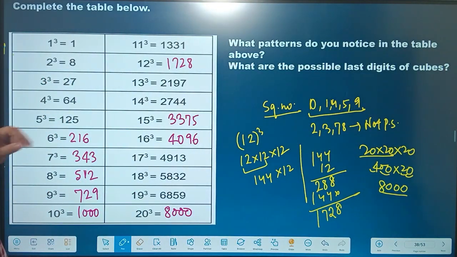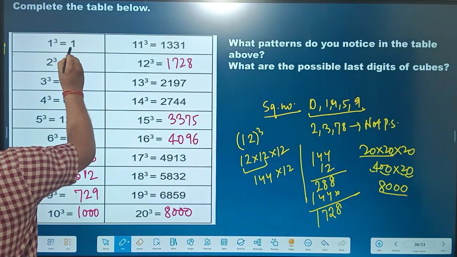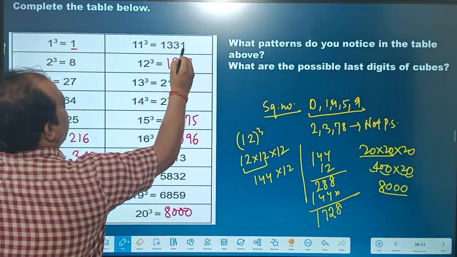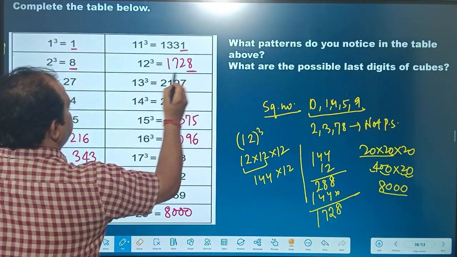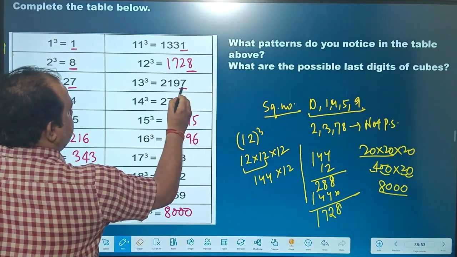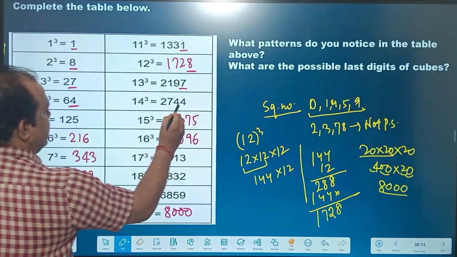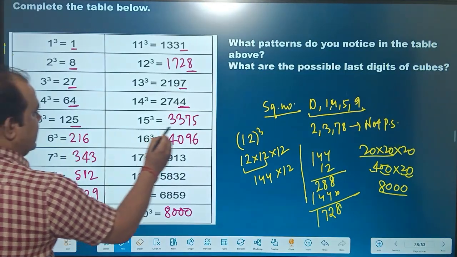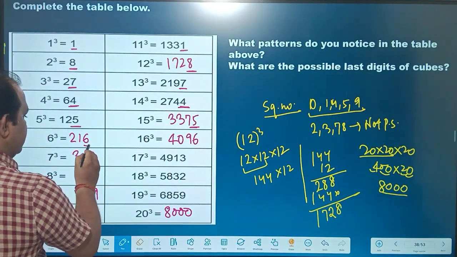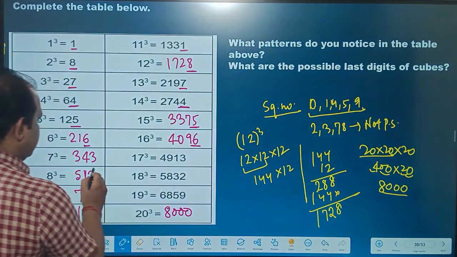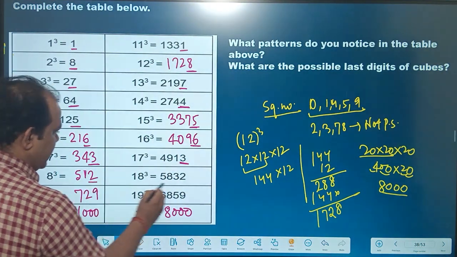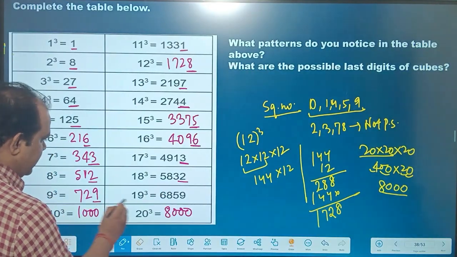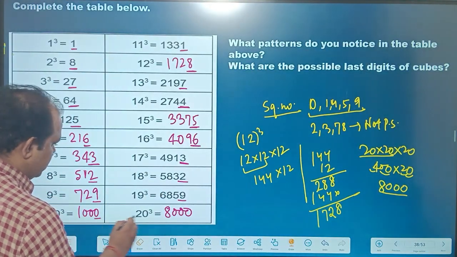Okay. Now in this table, let's see. If you see, the cube of 1 is 1, the cube of 11 is also ending in 1, the cube of 2 is 8, here is also 8. 7 is ending with 7. 4 is ending with 4. 5 is ending with 5. 6 is ending with 6. 3 is ending with 3. 2 is ending with 2. 9 is ending with 9. 0 is ending with 0.